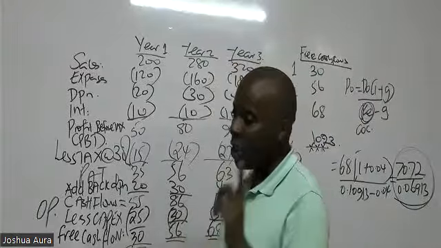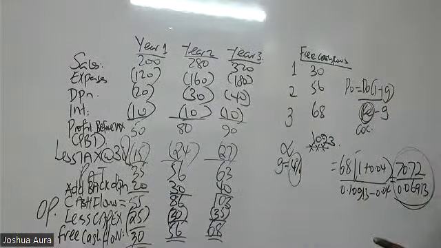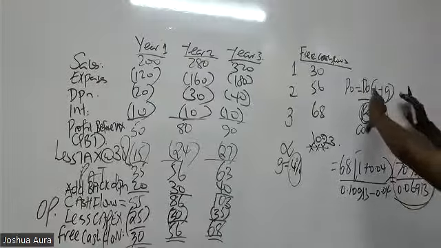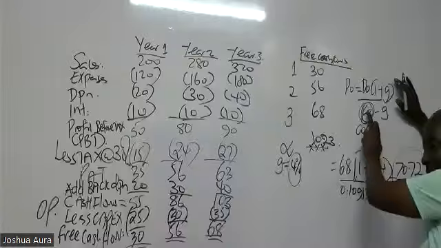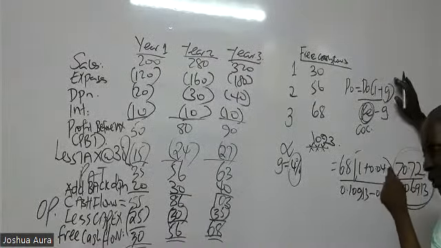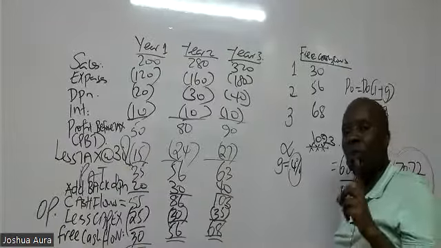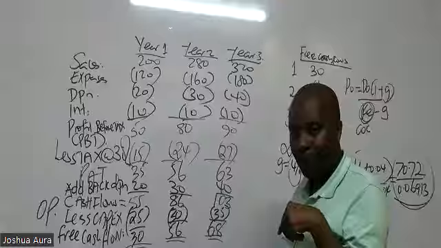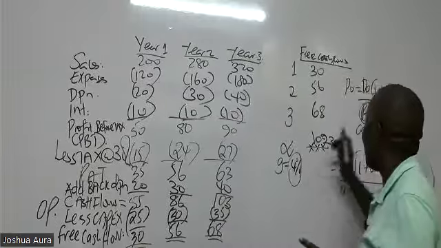Now, please listen to me very carefully. When it comes to valuation of shares, we strictly use KE. But valuation of organizations, I want to repeat this: our organization has both debt and equity.